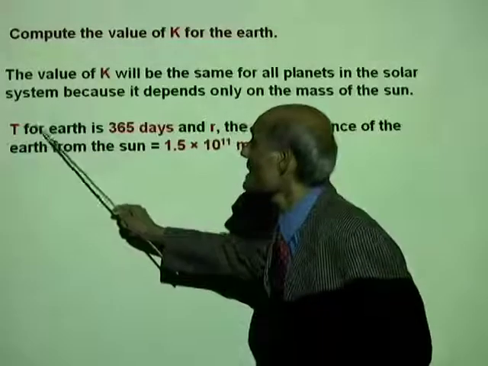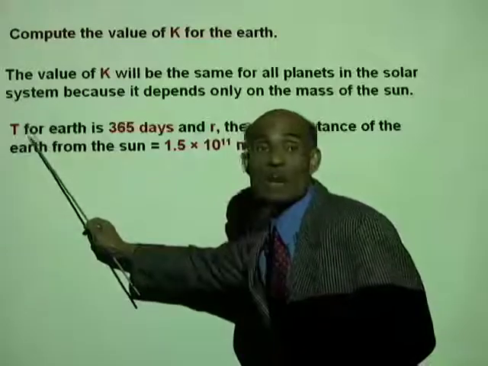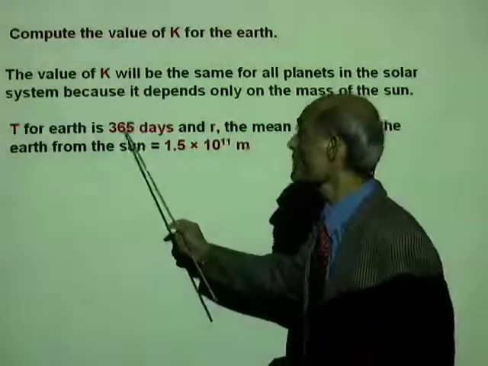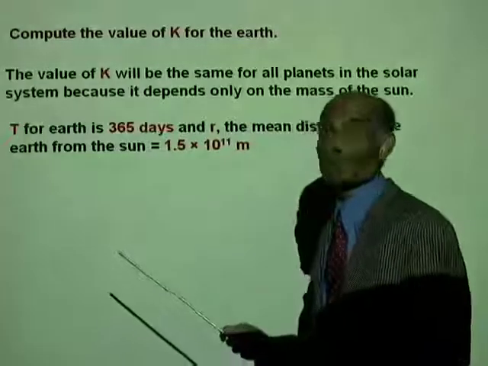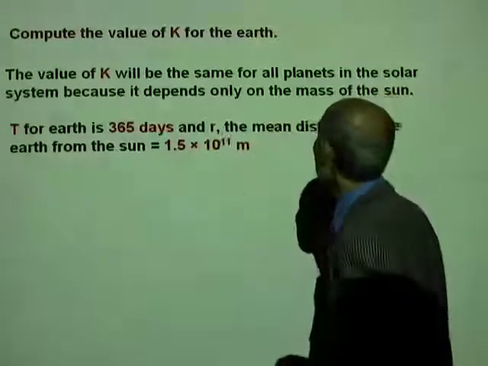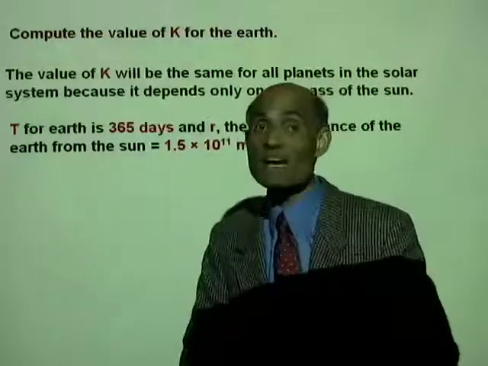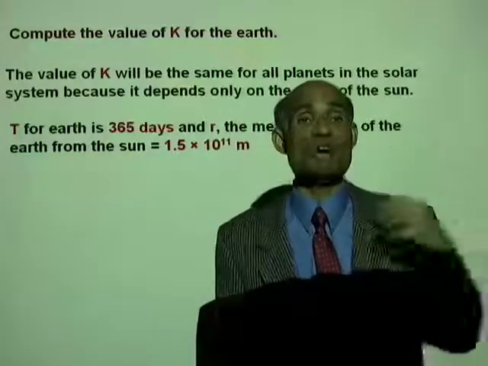If T is the T for Earth, what is the period of Earth? The period of Earth is 365 days. And R, the mean distance of Earth from the Sun, is actually a constant value which is used very often in astronomy.